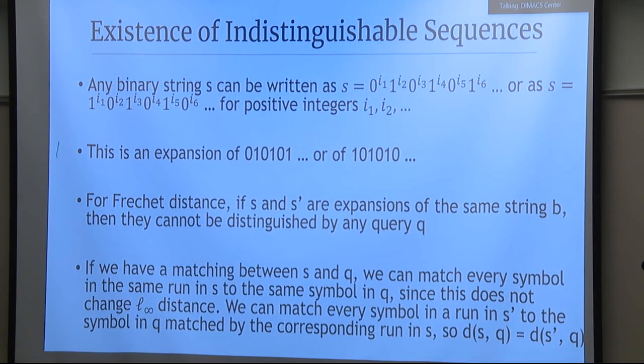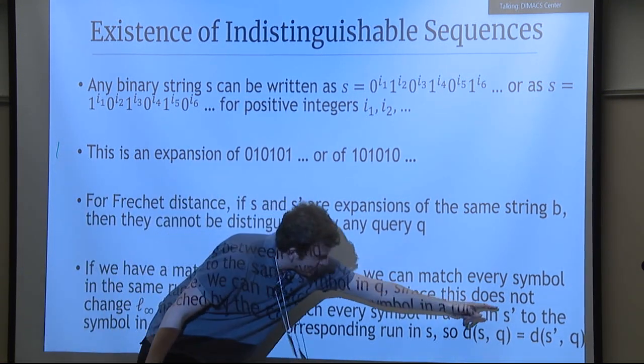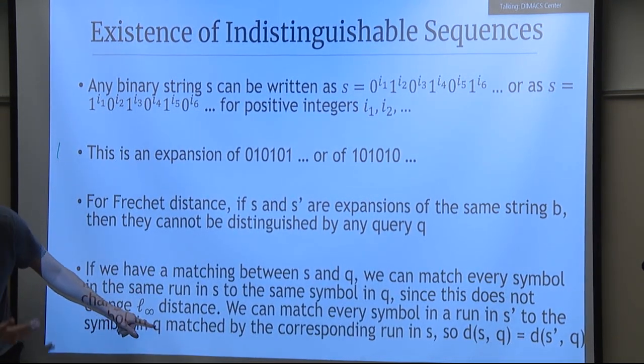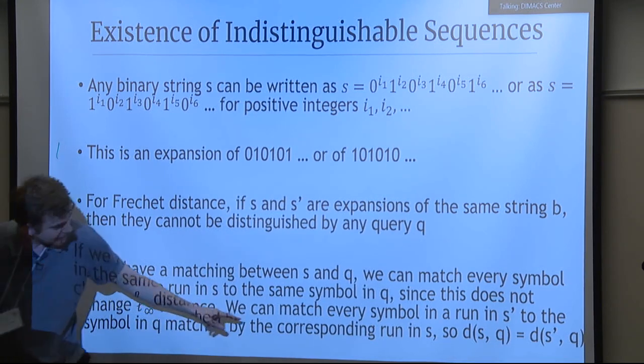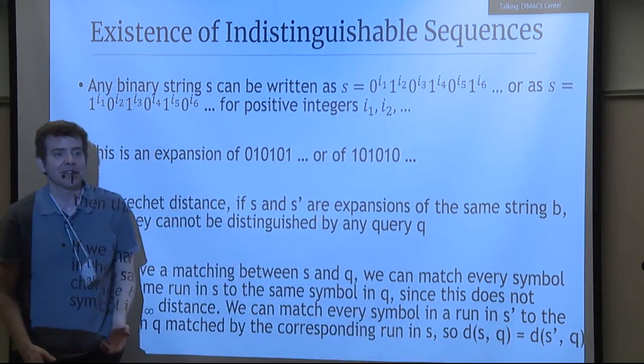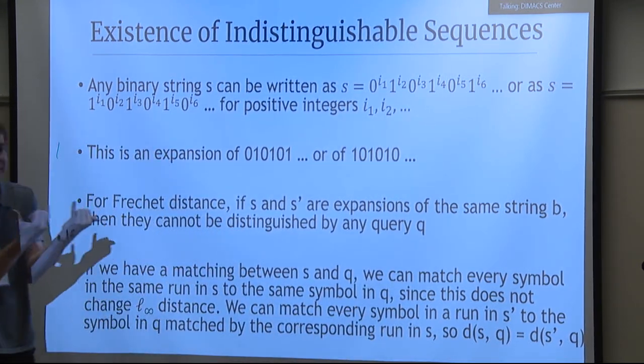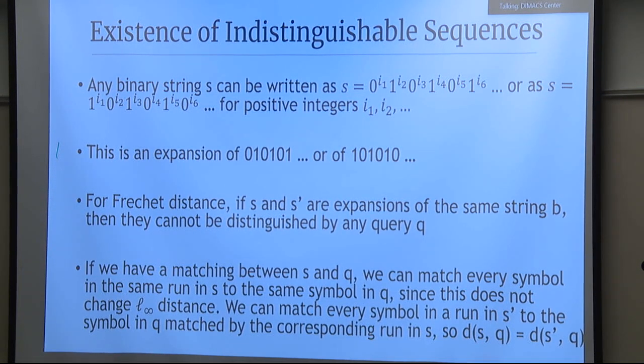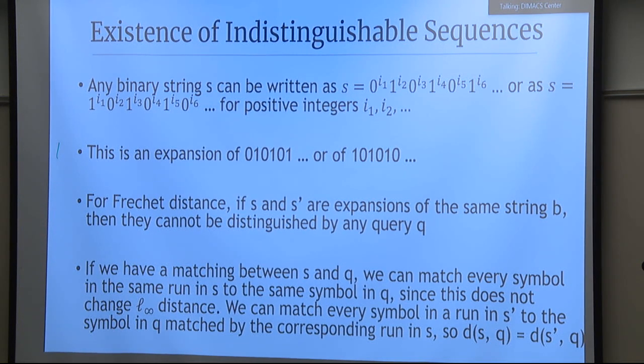And if S and S prime are expansions of the same string B, then we can pair the corresponding runs in S and S prime. And so we can match every symbol in a run in S prime to the symbol in the query Q that's matched by the corresponding run in S. So actually the two distances will be the same. So there's no way to distinguish between S and S prime with any query here.